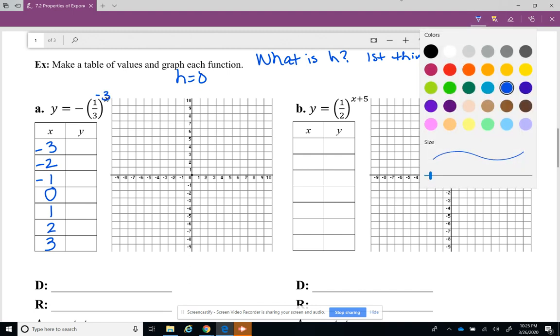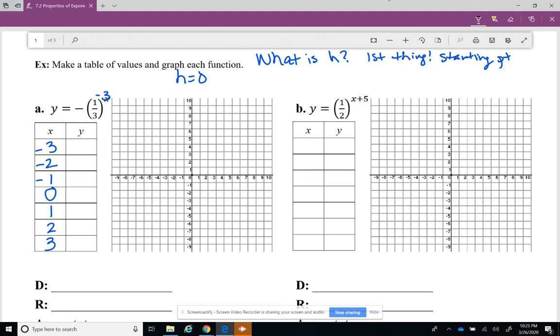I'm going to do all this in black. So y equals -1/3 to the -3. Because this is the easiest way of doing it, there are 2 ways you can do this, take this and flip it. That way you can get rid of that negative exponent. The negative out in front is still there.